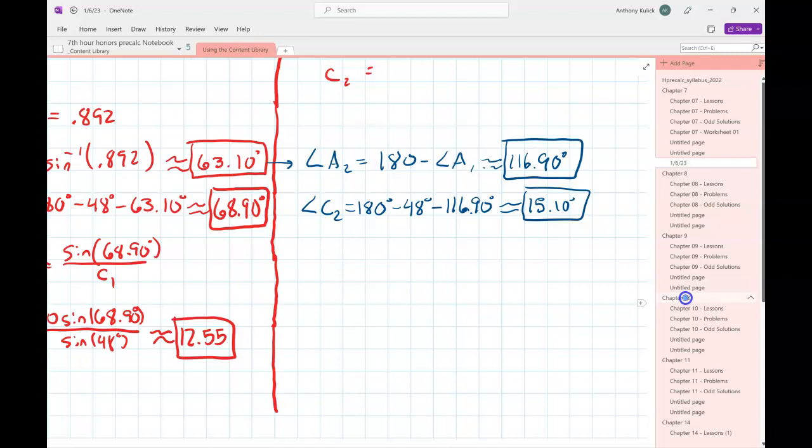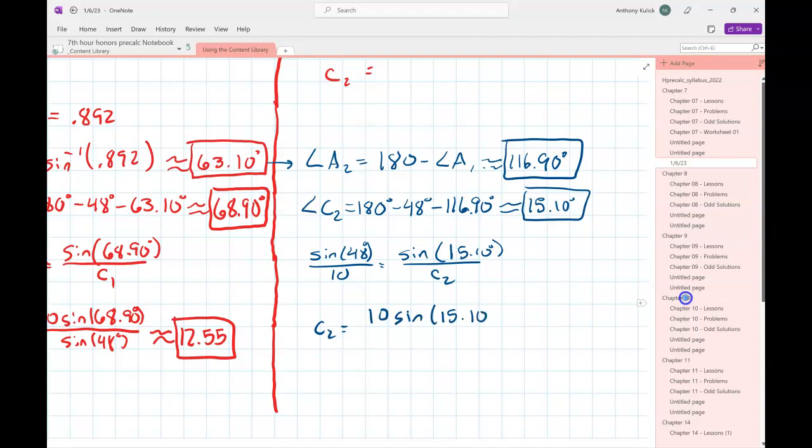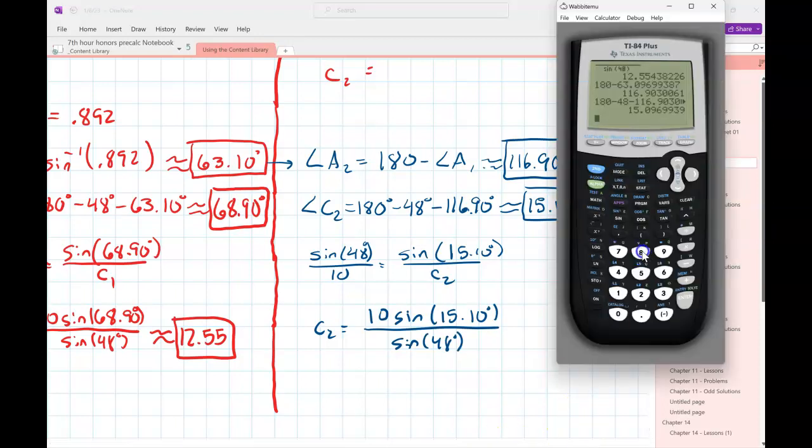And then I'll do the law of sines, just like I did in the previous problem. So sine B over B equals sine C over C. So when I solve for C2, do that, and just calculator time.